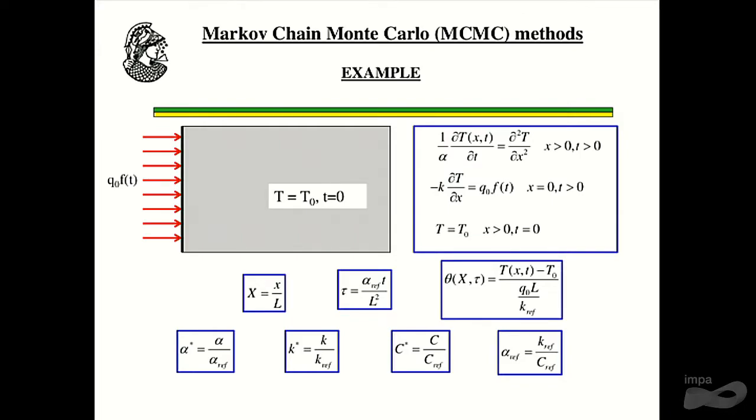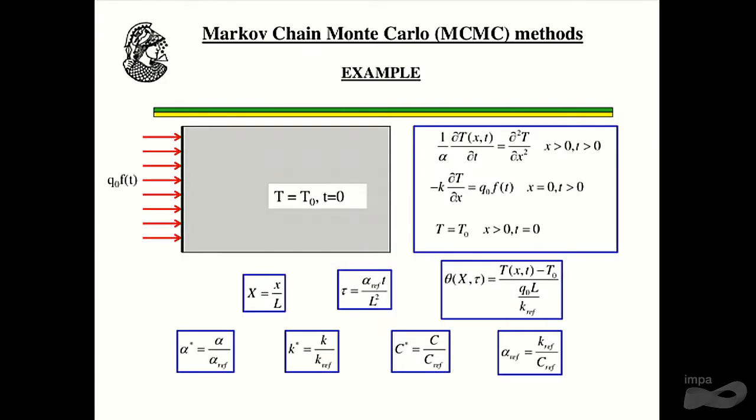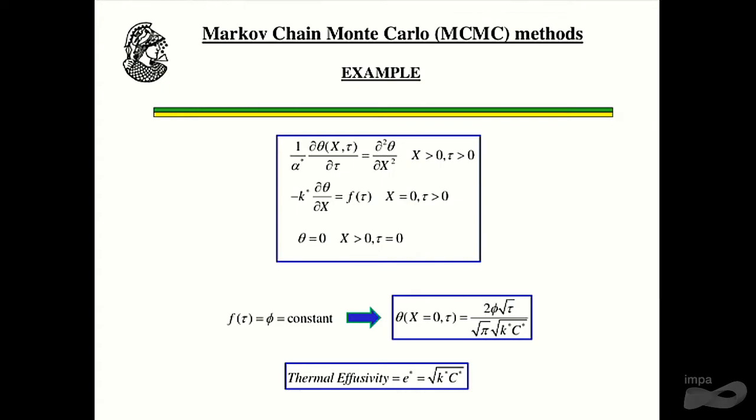It's usually used for measuring the thermal effusivity of the material. However, we need to know phi, right? But we cannot know phi and E at the same time from the same experiment.